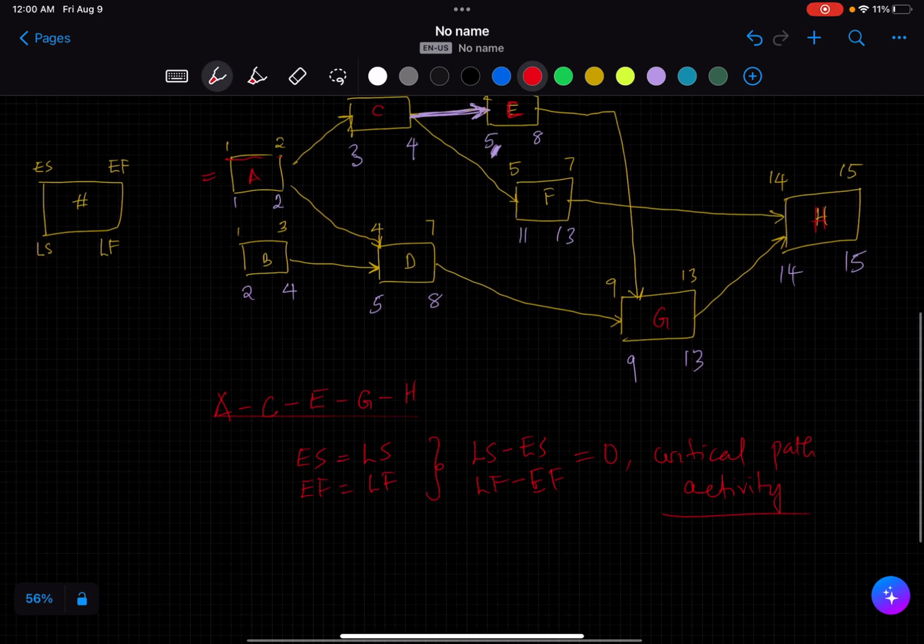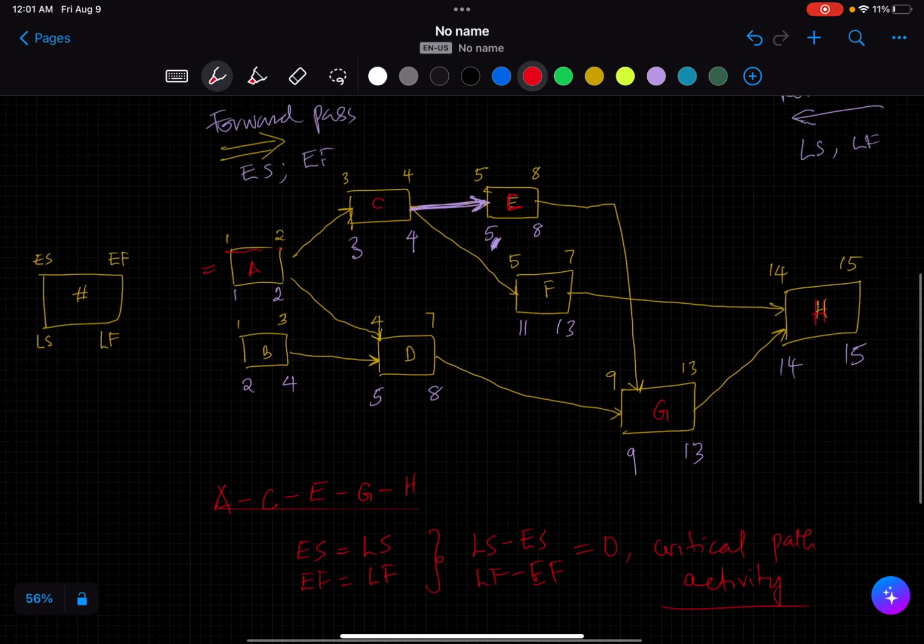Now for the others, what's the implication? An activity that has this kind of condition, with 0, has no slack. Any delay to that activity will push the project finish date.